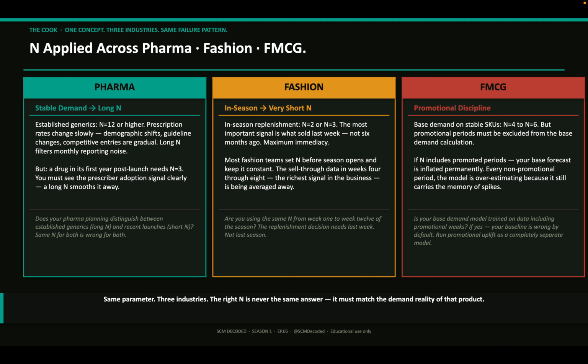Run a completely separate model for promotional uplifts. They are different demand phenomena requiring different approaches. Mixing them produces a number that is wrong for both purposes. So now you see one parameter, three industries, three completely different correct answers, because the right value always depends on the specific demand reality of the specific product in that market.